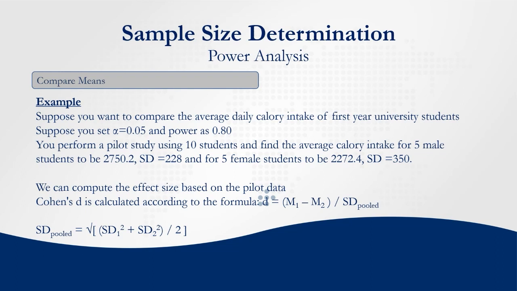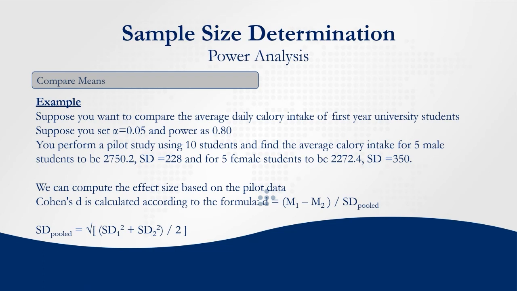So you can do a pilot. From the pilot, you'll be able to get your variability. Since you've collected data, you'll get the sample variance, because it's coming from the sample data, which is the pilot. You'll have the sample variance for one group and the other group. And then you can also compute the effect size based on the pilot data.